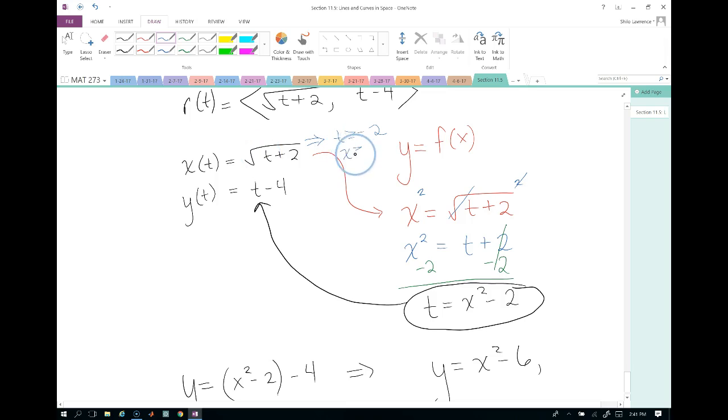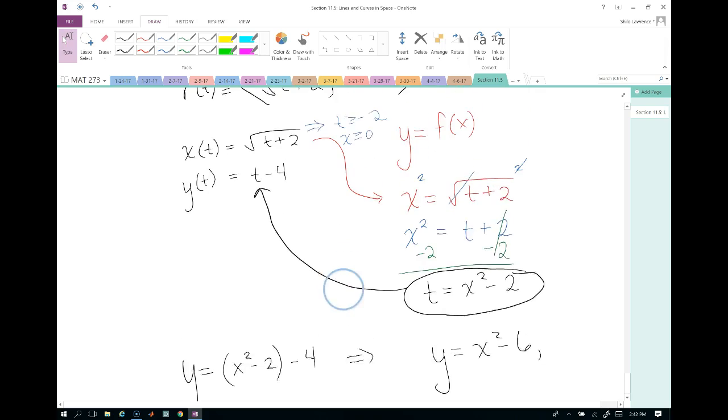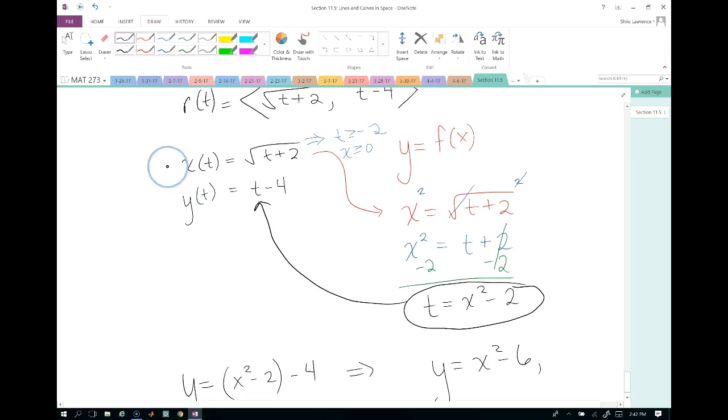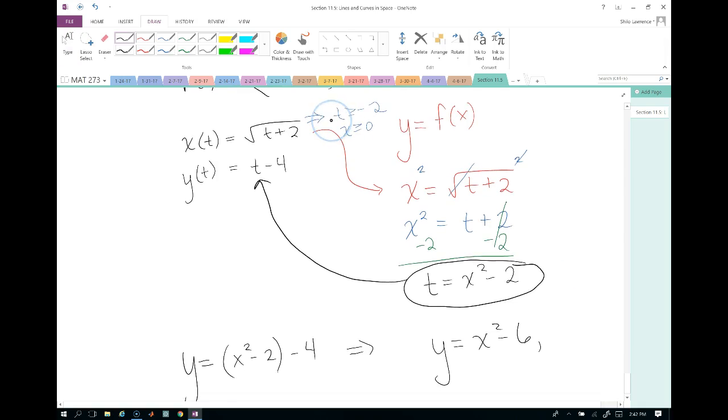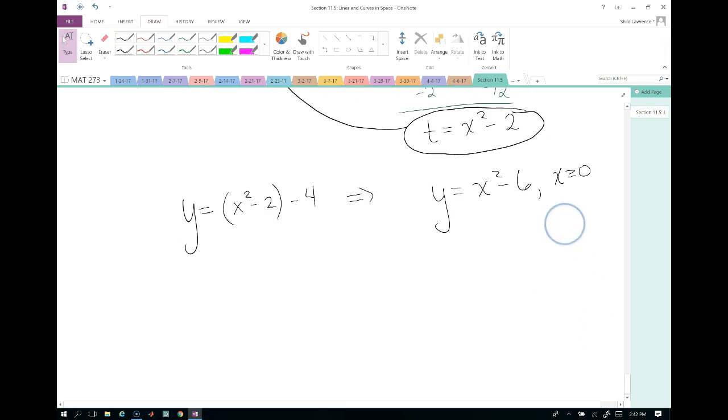So x ends up as greater than or equal to 0. So we add a domain restriction. You might recognize that y equals x squared minus 6 is just a parabola, but based on the parametric equations that these started as, we're never going to get any negative x values back. So our domain restriction is x greater than or equal to 0.